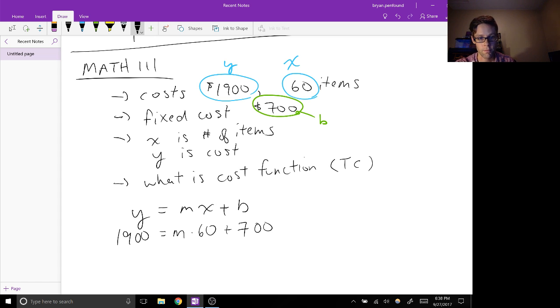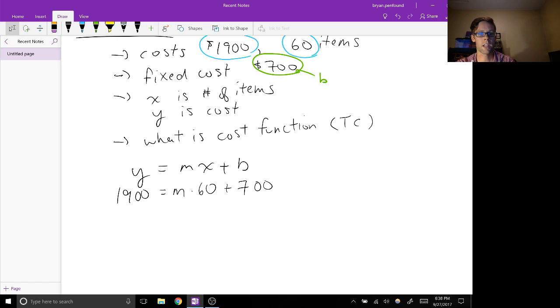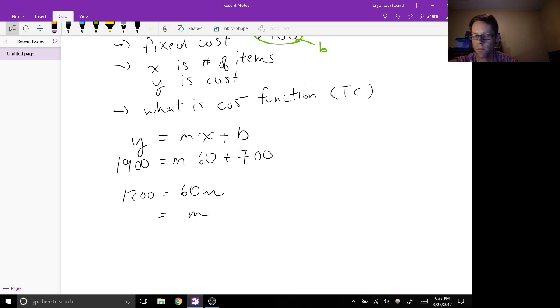Now we can figure out the slope of this line, first by subtracting 700 from both sides, and then dividing through by 60. Is that 200 or 20? Okay, so the slope of this particular line is going to be 20. So our cost function should look like 20x plus 700.